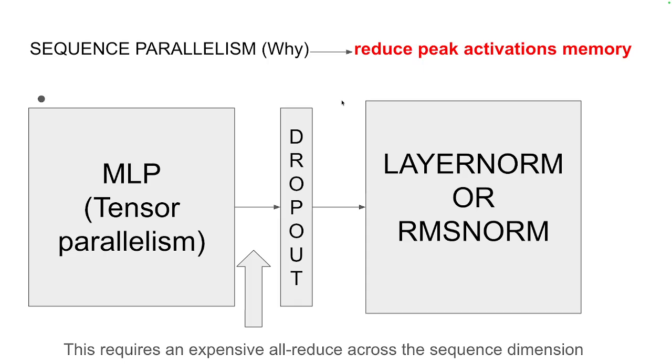So in our tensor parallelism, we talked about the embeddings layer, we talked about attention, we talked about MLP. But two things that we didn't talk about are dropout and layer norm.